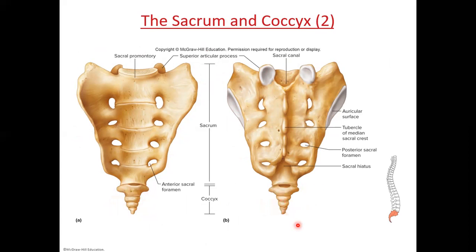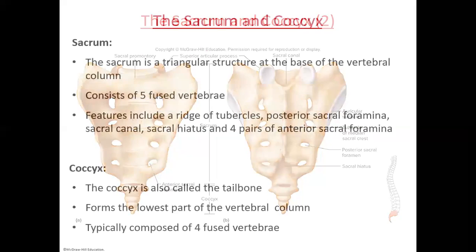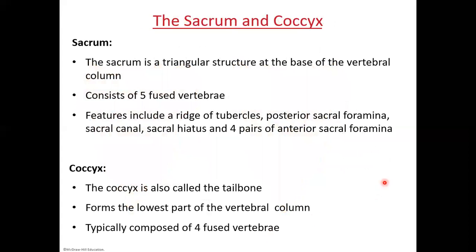And sometimes we call this your tailbone. It's not an actual tail, but we just call it that. And sometimes you can bruise that too if you land just right, if you fall. So it's the very lowest, most inferior part of the vertebral column. It's made of 4 fused vertebrae.